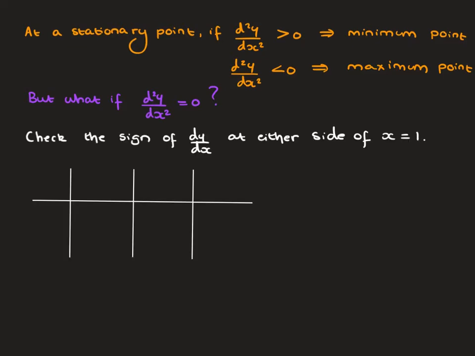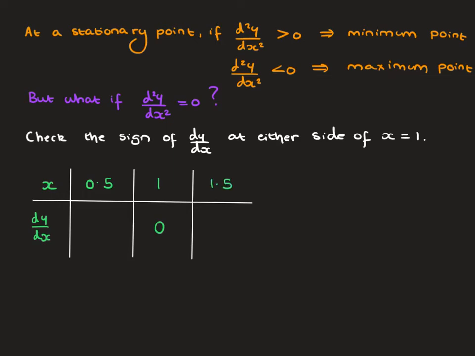So I always like to set my working out neatly and clearly in a table when we're checking the sign of dy by dx at either side of a stationary point. So we'll fill in the values in this table. So we know when x is equal to 1, then dy by dx is equal to 0. We've identified that this is where there's a stationary point. So what happens if x equals 0.5 and what happens if x equals 1.5?